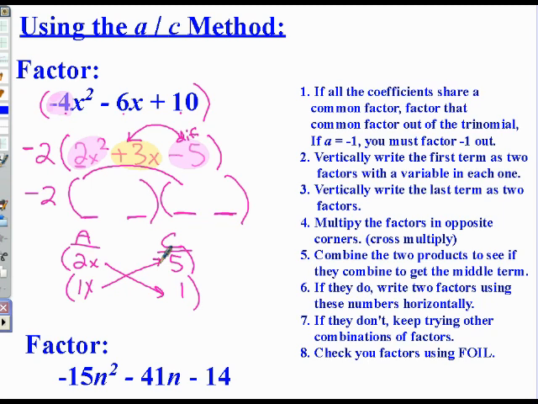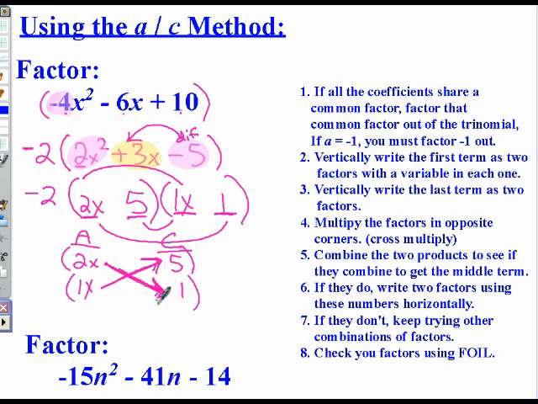So we know that we have 2x paired with 5 in a binomial and 1x paired with 1. Notice that 2x times 1 are your outers and 1x times 5 is your inners, and so that's why you want to do your cross products, because you can check your inners and outers that way.